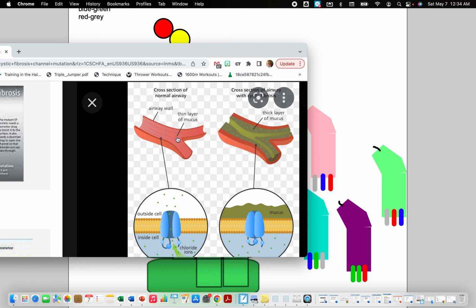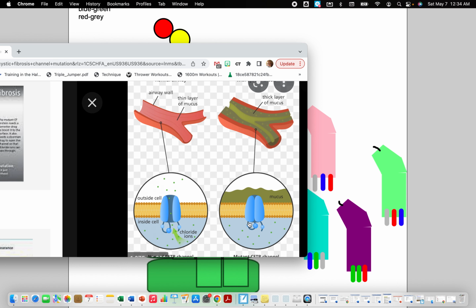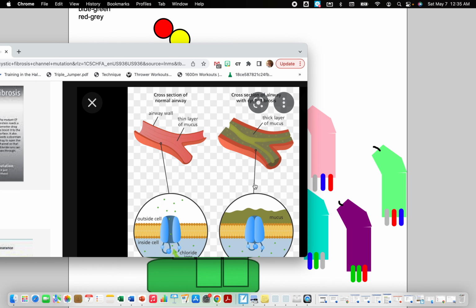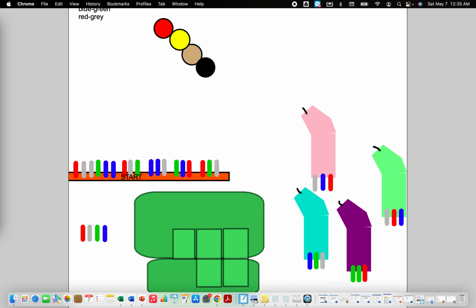So you can see we have a thin layer of mucus. Well, if you have that mutation, okay, notice that the protein is not folded correctly. This was open to allow chloride ions through, and this is closed, so chloride can't get through. And as a result, mucus builds up, and you end up with cystic fibrosis.